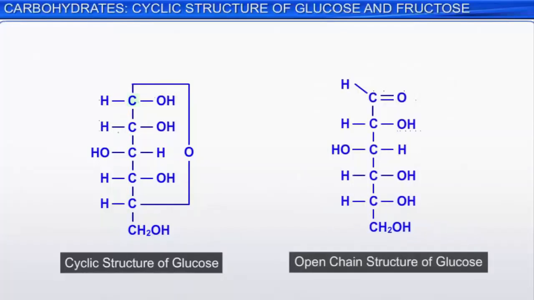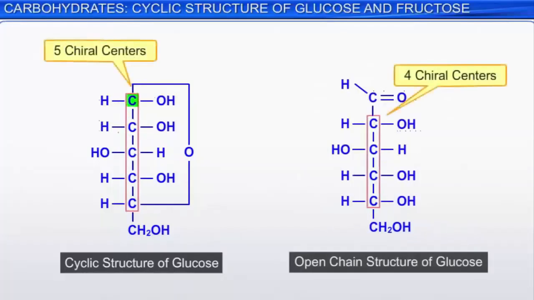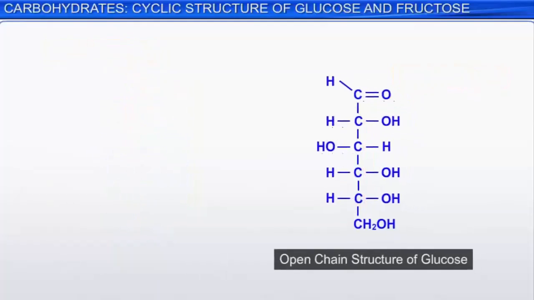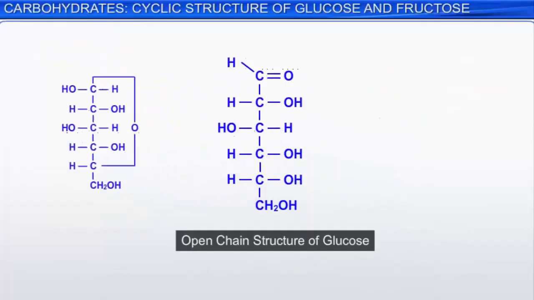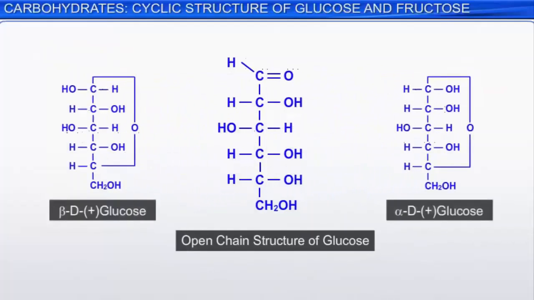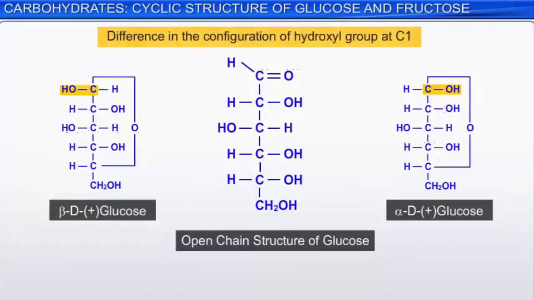This cyclic structure has one chiral center more than the open chain structure. Therefore, two isomeric forms are possible, as shown here. These two isomers differ in the configuration of the hydroxyl group at C1.